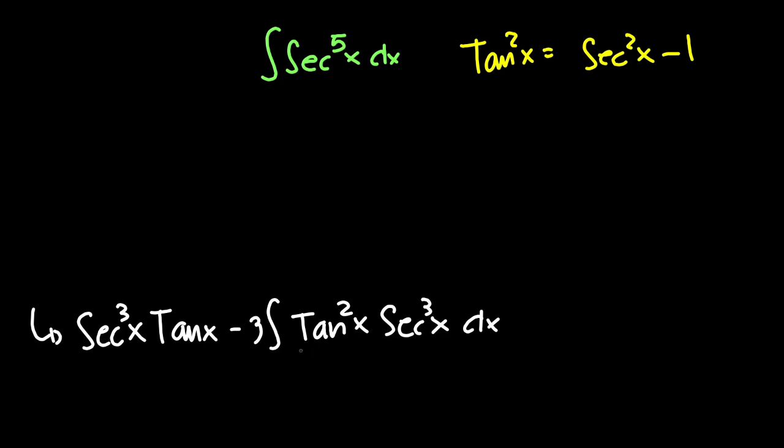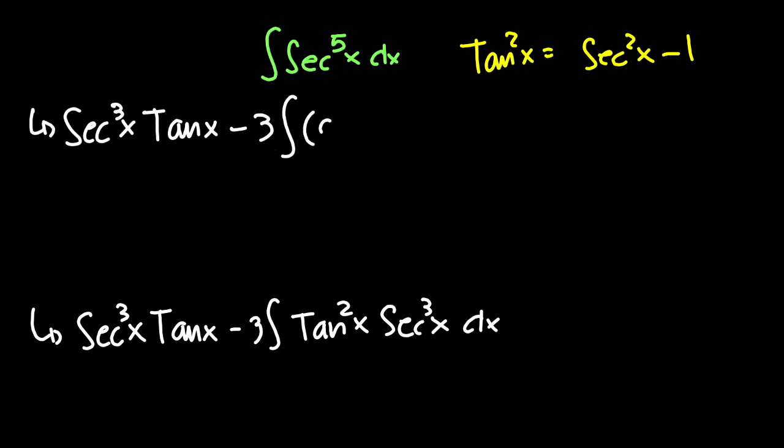And for that, we can simply replace this by its trigonometric identity. So this would be secant squared of x minus 1 multiplied by the rest. And the next step would be to distribute secant cube of x among the parentheses.